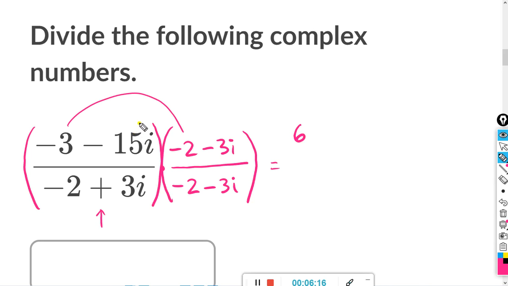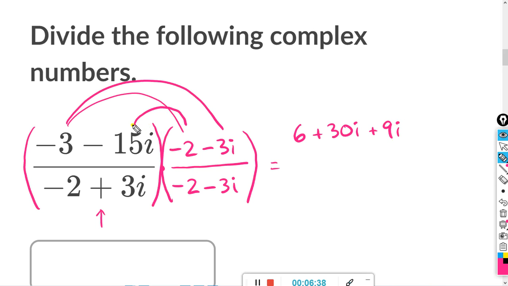The inner term, -15i times -2 is +30i. And the outer is -3 times -3i, that's +9i.